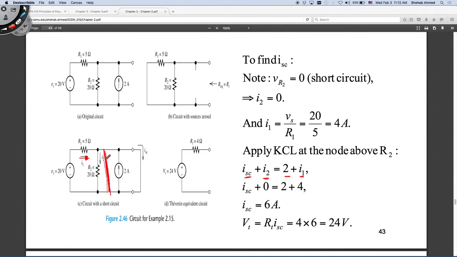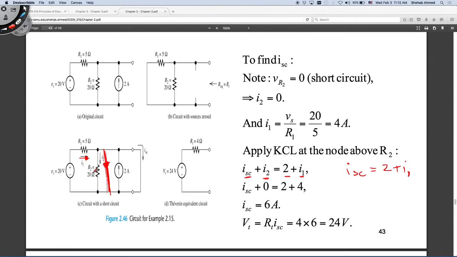Right? This short circuit, whether I put it here or here does not really matter. So what current is flowing in this loop? This is short circuit current. Short circuit current, I short circuit, is equal to what? 2 amps plus I1. I need to find I1. So how do I find I1?